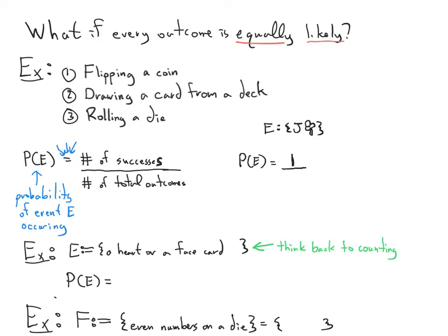And how many cards are there in total? There are 52. So the probability of drawing the Jack of clubs in one random draw is 1 out of 52, which is roughly, if you like, 1.9%. You can convert that the usual way you convert fractions to percentages.